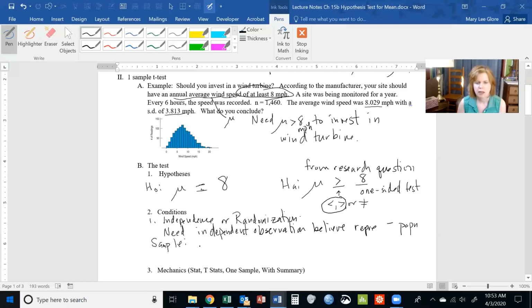So we have every 6 hours for a year, we measure the wind speed. So I have to ask myself, is that year's worth of wind speed a good representation of the wind speed at this site? And I would say yes. I mean, we're getting every single day of the year, 6 hours a day.